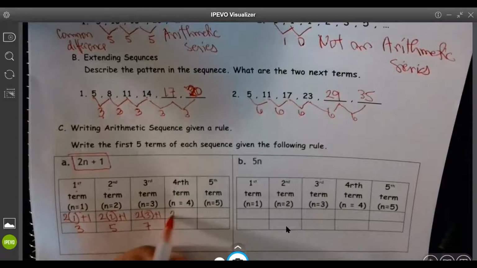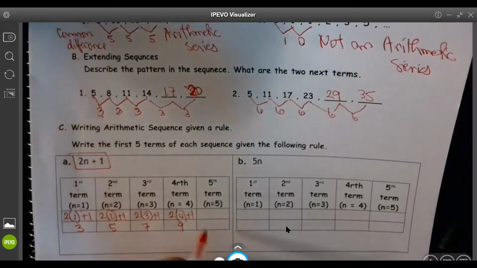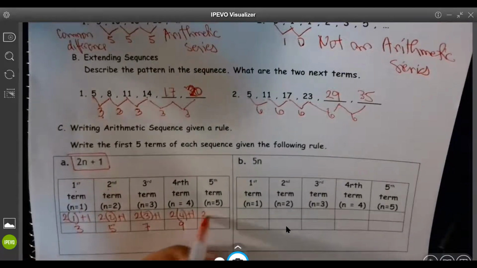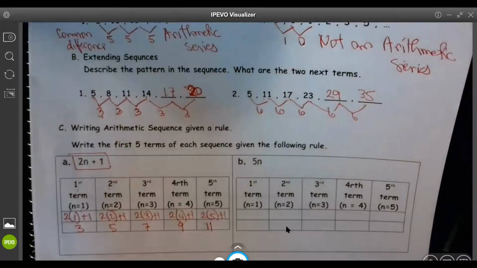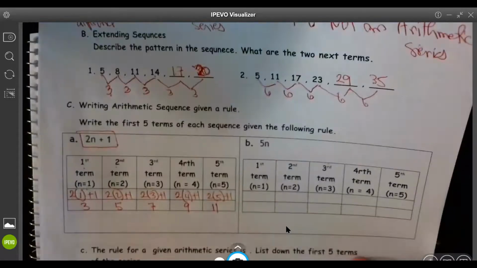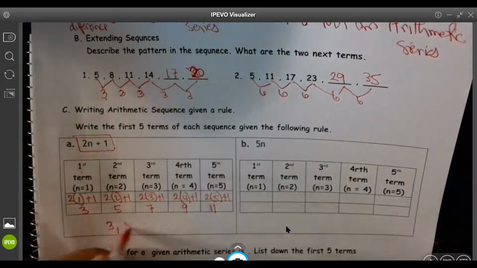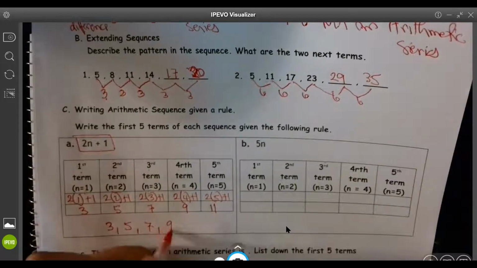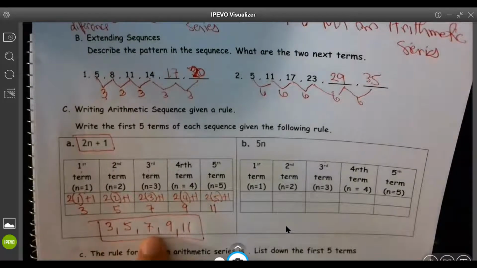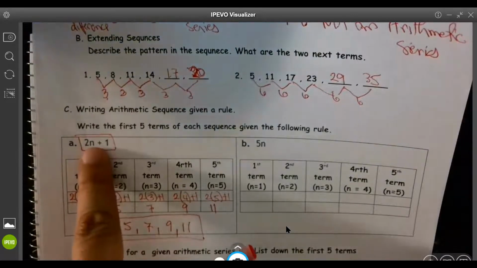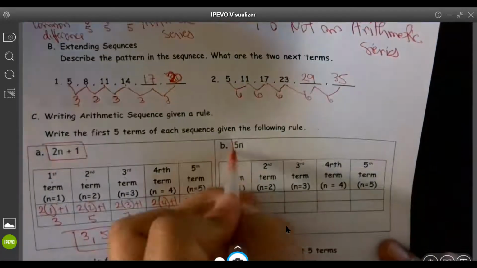Fourth term will be 2 times 4 plus 1, this will be 9. And the fifth term is 2 times 5 plus 1, that will be 11. And so the series of numbers we are looking for will be 3, 5, 7, 9, and 11. How did we get these numbers? Using this rule.